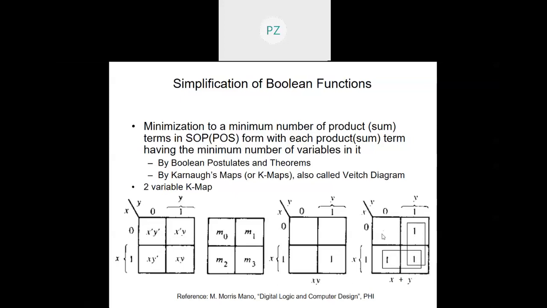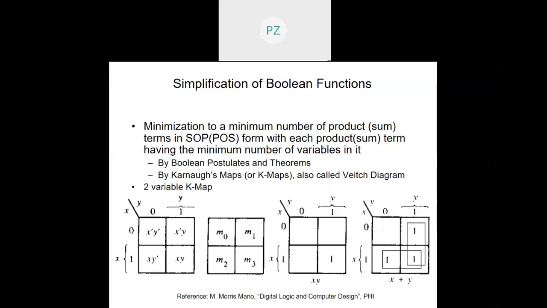So we do not combine the diagonal elements. Now when we combine these horizontal ones that are adjacent to each other, they will always be combined in powers of 2, like 2 to the power 0, which is 1, so no combination or just a single term. Then 2 to the power 1, or then 2 to the power 2 if all 4 are there. So they can be combined in numbers which are powers of 2.